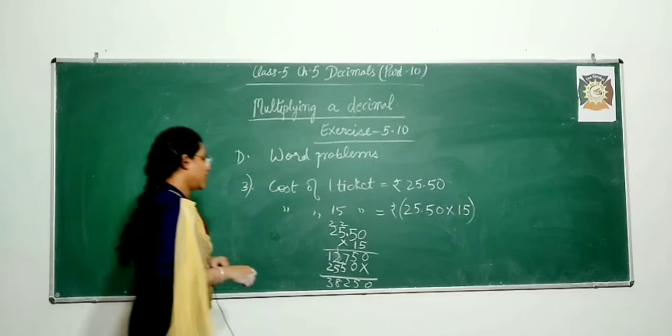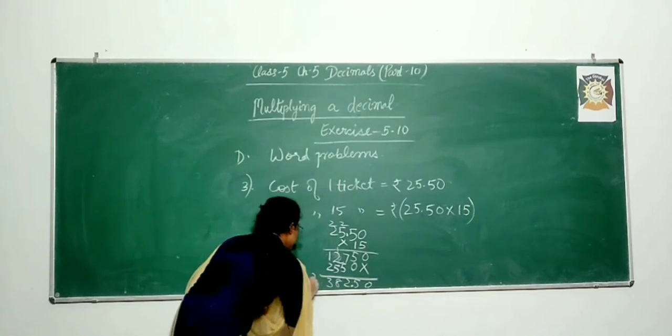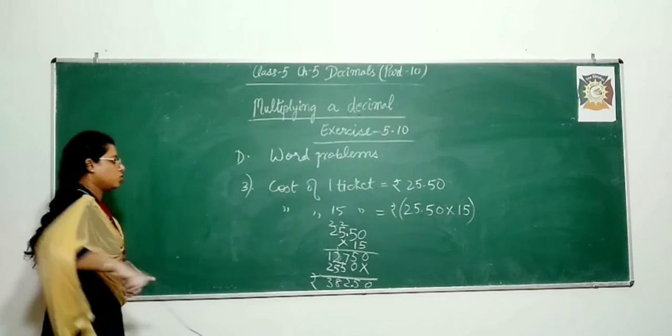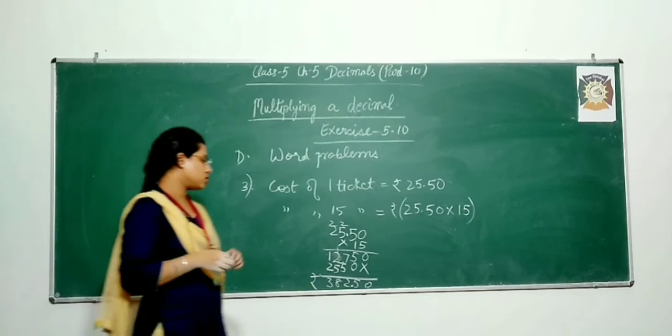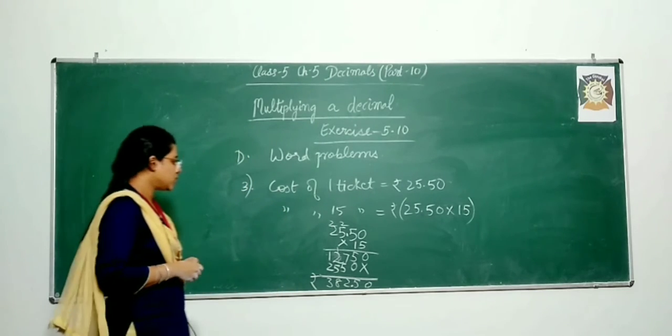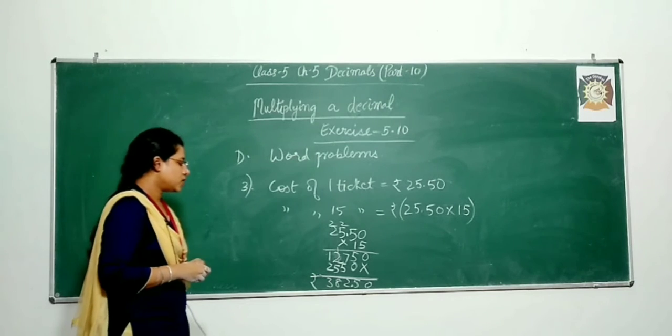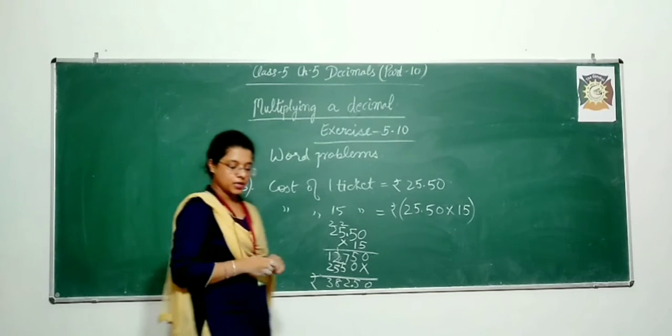You are getting 382.50 rupees. That is the total cost of 15 tickets is coming out to be equal to 382.50 rupees, right?